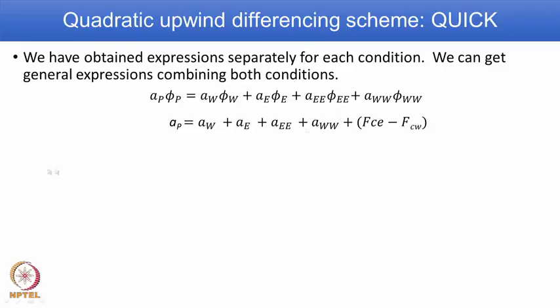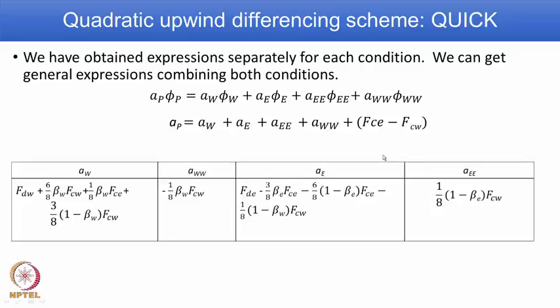So, AP is AW plus AE, then you also have AEE and AWW, which depend on the direction of the flow, plus FCE minus FCW. You can also put them together in generic form in this way as shown here. So, the AW coefficients are written in detail, the AWW coefficients are written in detail, and AE and AEE.